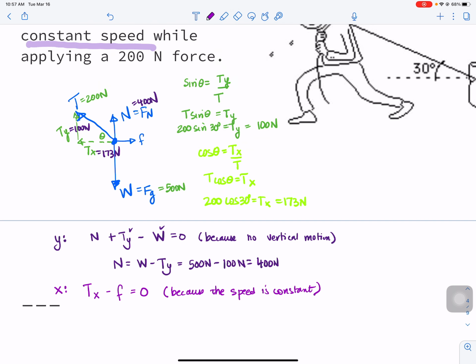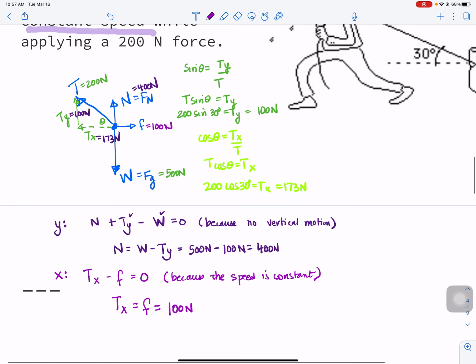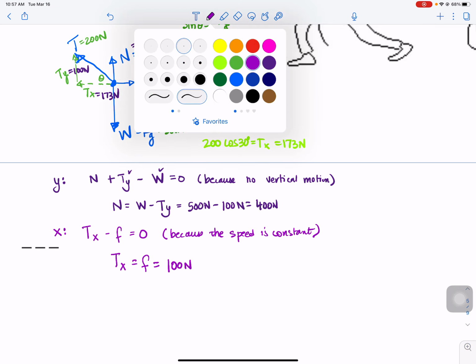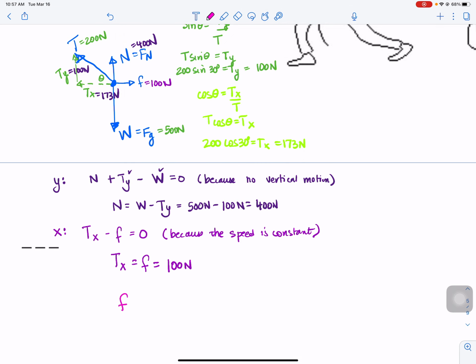Okay, so now we just go Tx is equal to friction, and that is equal to 100 newtons. And we can actually do more with this. We know that friction is equal to mu times the normal force.